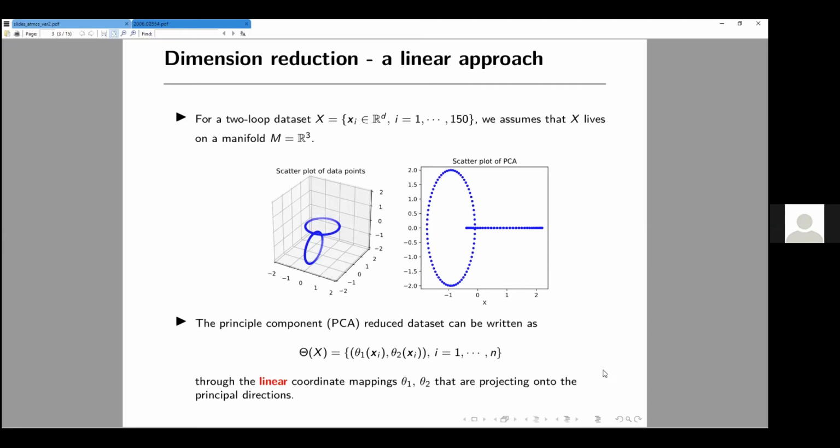This is partially due to the linear nature of PCA, because principal component analysis provides a linear projection of the data set onto two directions. In this specific example, its projection destroyed the topology of the data set.